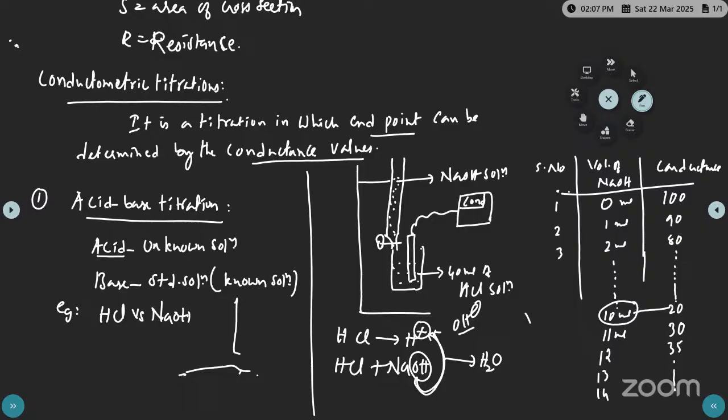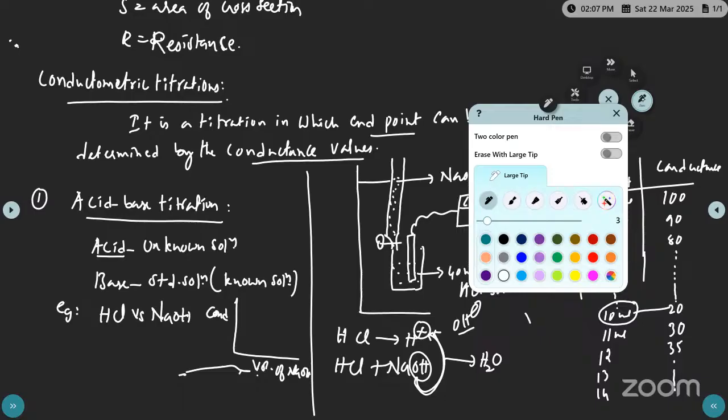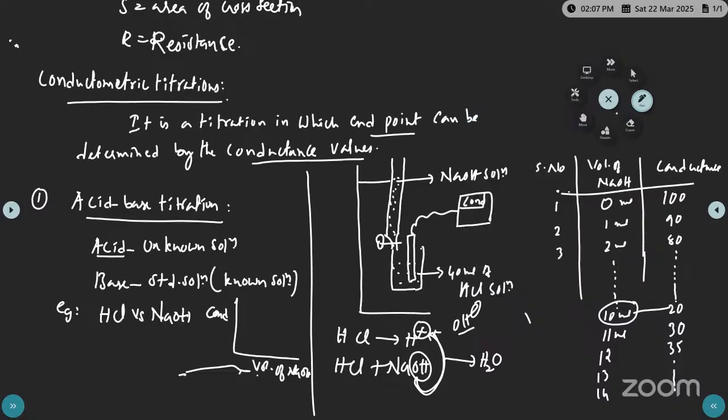So the graph is between conductance values and volume of sodium hydroxide. Okay, so ఎలా డ్రా చేయాలి? Draw the graph between the conductance and volume, conductance on y-axis and volume of sodium hydroxide on x-axis.